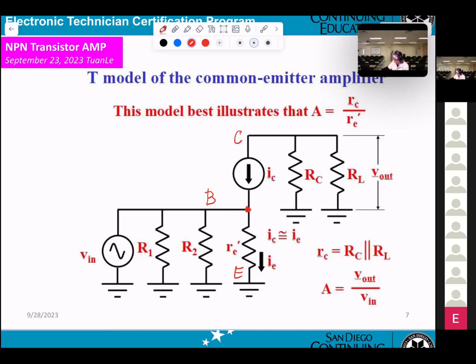So first thing, we have to know, if you are at the source right here, at the input, looking into the amplifier. Okay? That's what you're looking for.